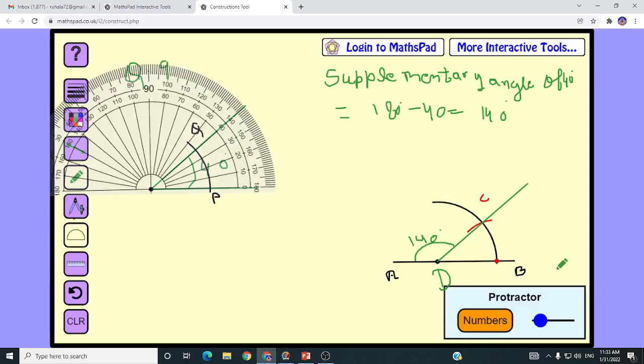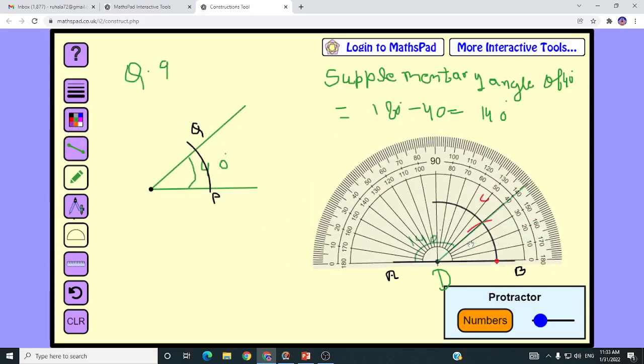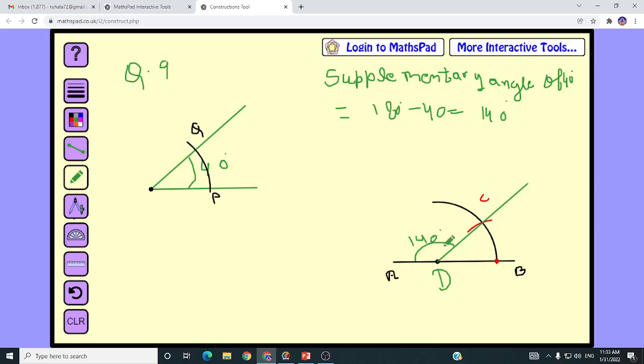Check out this one. This is the 40, this is the 140. This is the supplementary of the angle. Clear? This is the 40, this is the 140. So exercise 14.6 is complete. Thank you so much.